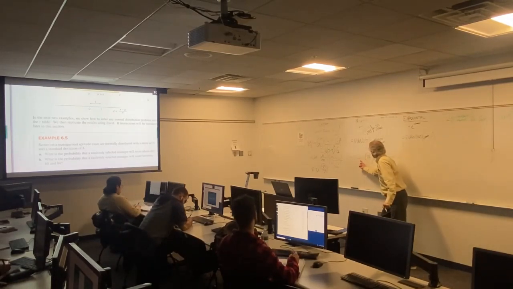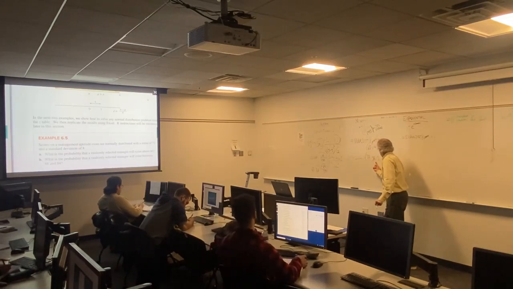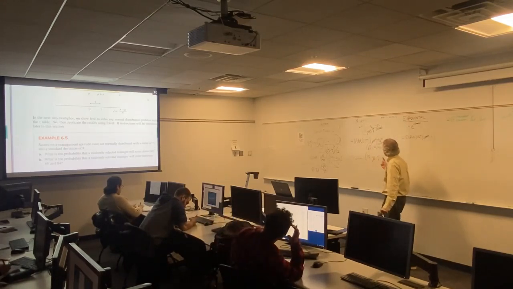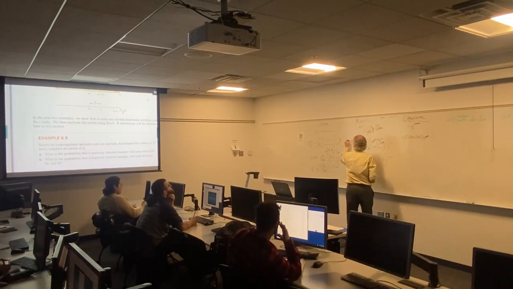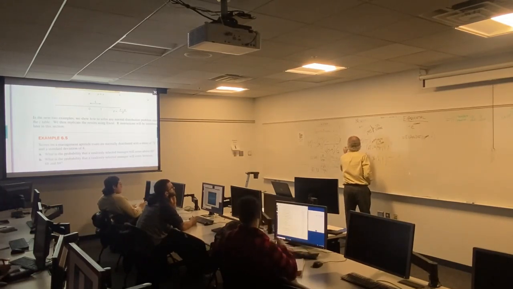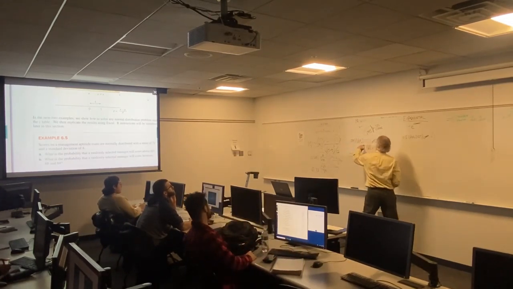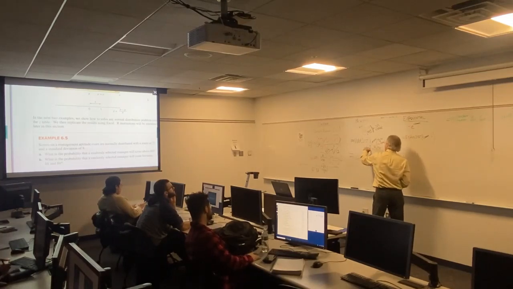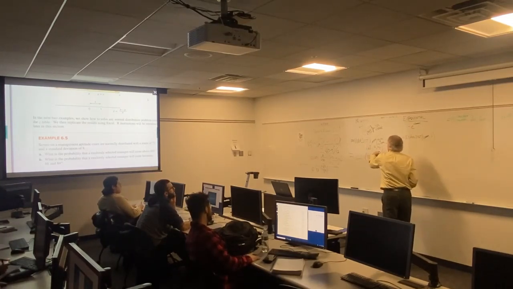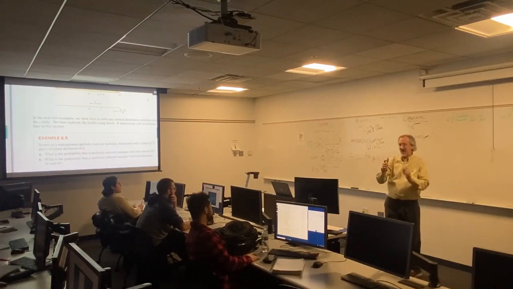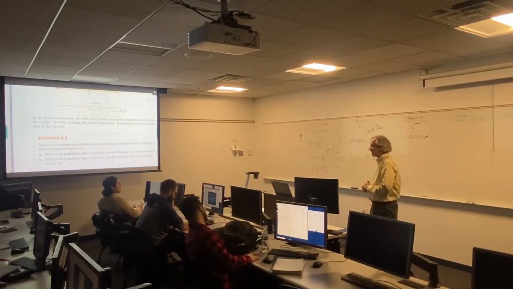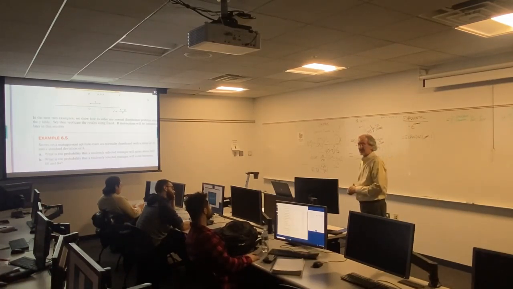NORM.DIST 84, 72, 8, 1, minus, now you don't have to get an equal sign on this one, this one you do. Minus NORM.DIST, parentheses, 68, 72, 8, 1. That's how you find the probability between two numbers using Excel.